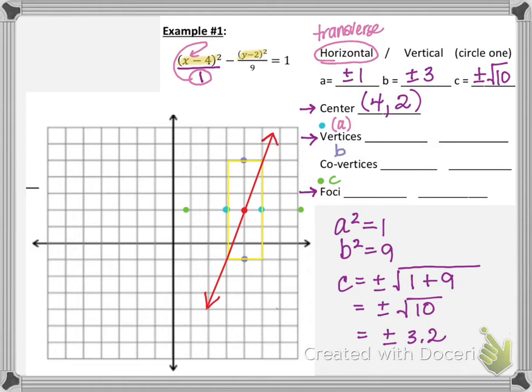But they will help us with the drawing of how wide our graph is going to be. Now, again, I cannot seem to get this pen to cooperate, but you guys get the idea, right?